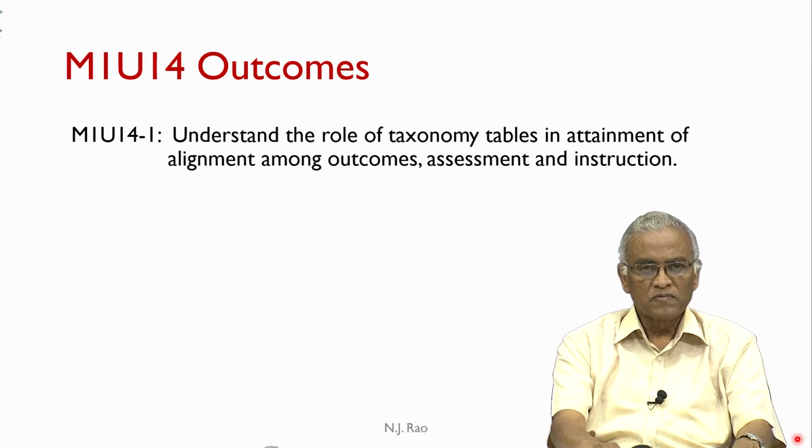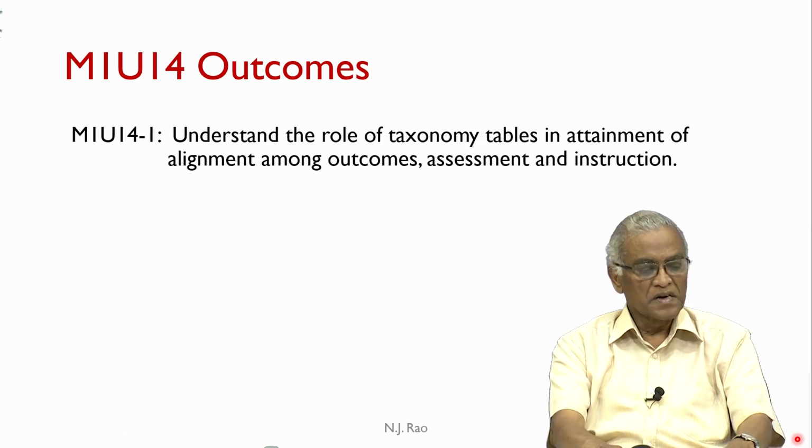There is an outcome which we are trying to attain, and to what extent we attained it is measured by the assessment, and we conduct instructional activities to facilitate students to attain these outcomes. These are the three elements of any teaching learning process.